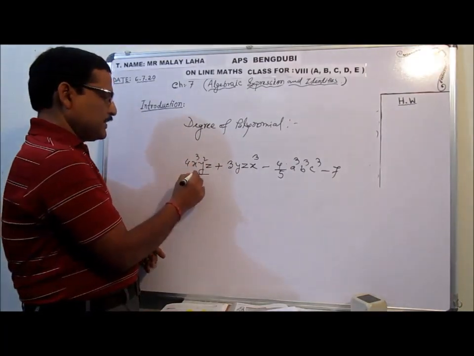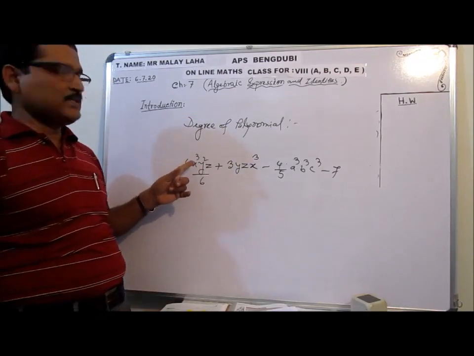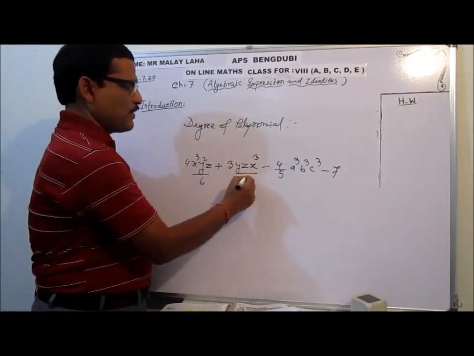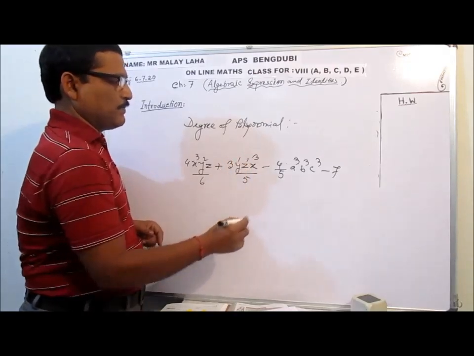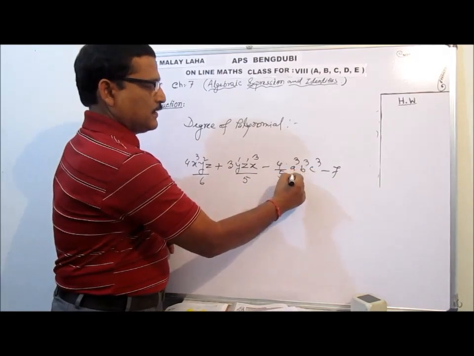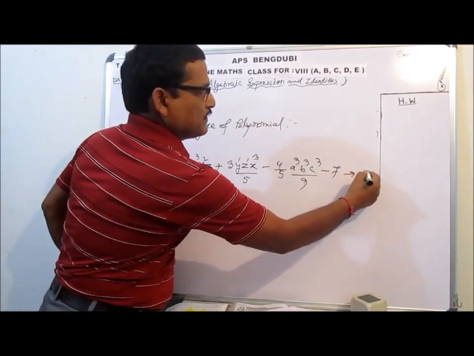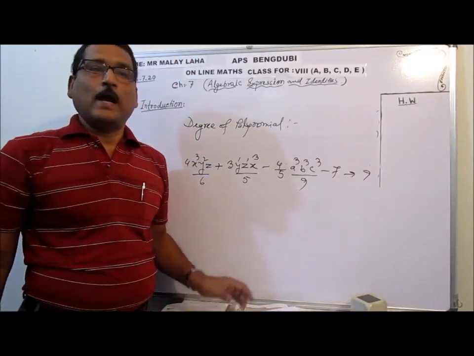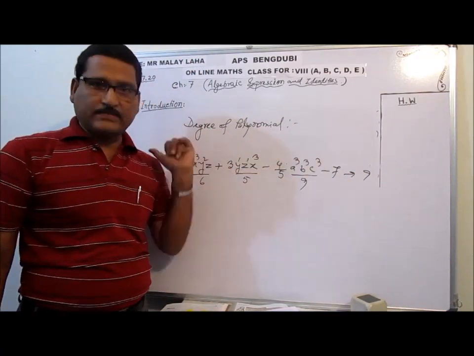Sum of the powers, that means 3 plus 2, 5. 5 is the total power, 6. Here total power is 5, 3 plus 1 plus 1. Nothing is there means 1 power is there. Here 3 plus 3, 6 plus 3. What is the power? 9. So degree of the polynomial is 9. You have to add all the powers of the variables in the term.